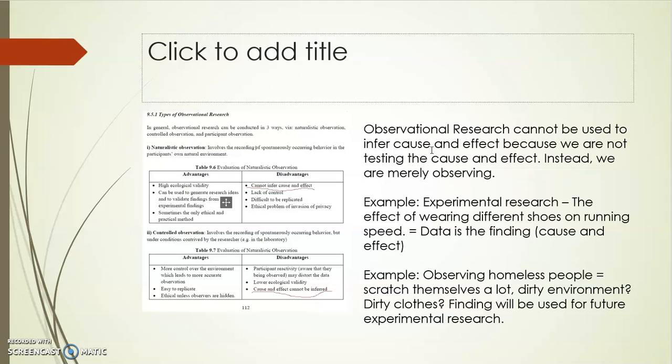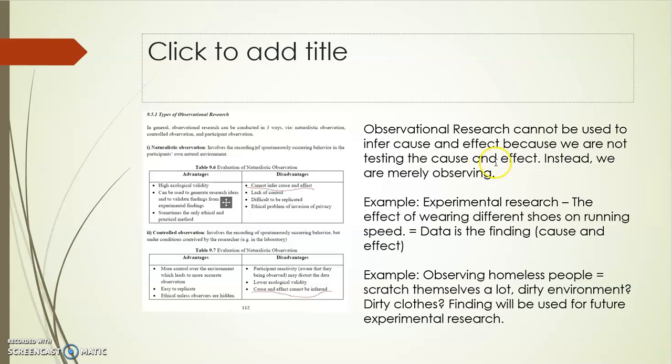it's something that we do or that we measure in an experimental research, where we would have an independent variable that can be manipulated, and then we measure the dependent variable. We don't have those because we are merely observing. We are not manipulating any variables here.